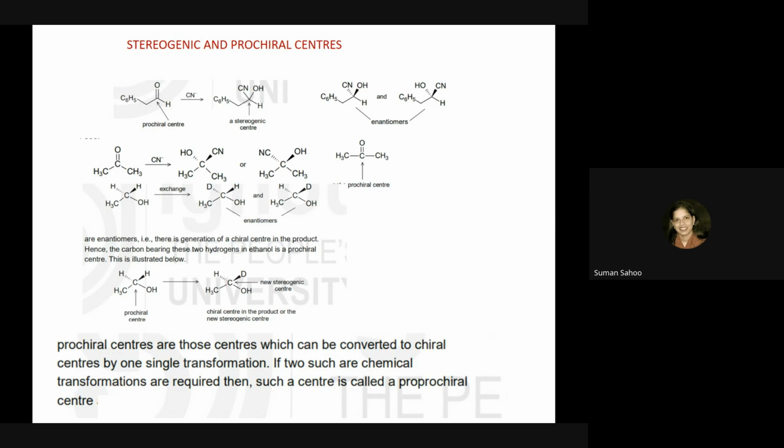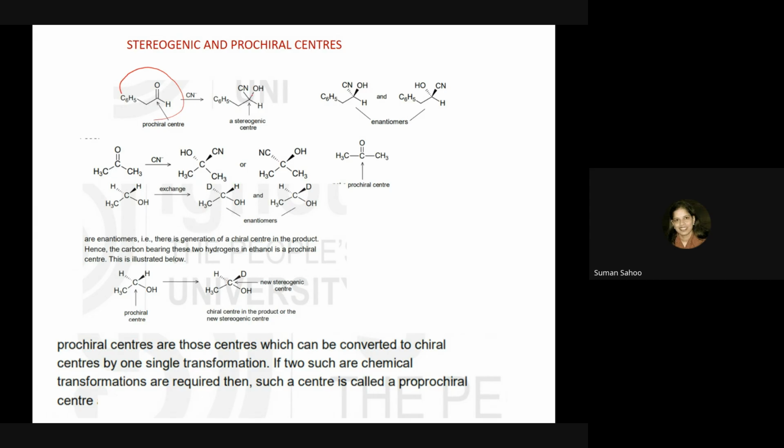What is a prochiral center? You just see in the addition reaction of this ketone, acetone, that is going to give you a cyanohydrin. In the case of an aldehyde, the cyanohydrin addition generates a stereogenic center, a chiral center here.